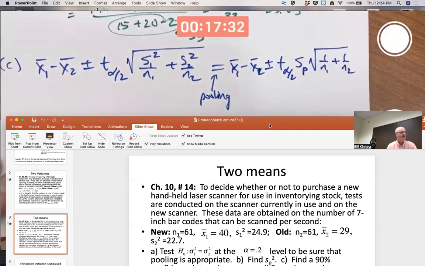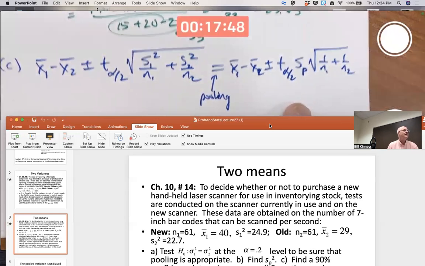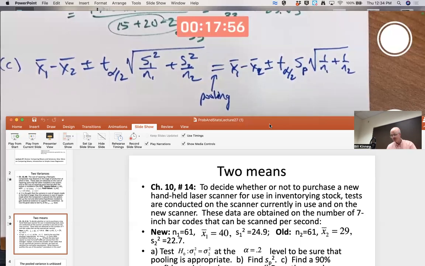I factored it out and took the square root after making the replacement. I replaced s1 squared and s2 squared with sp squared. So you could argue it gives you a slightly simpler formula. You could also argue it's more accurate based on the degrees of freedom if indeed the population variances are truly equal, or really close to equal at least.